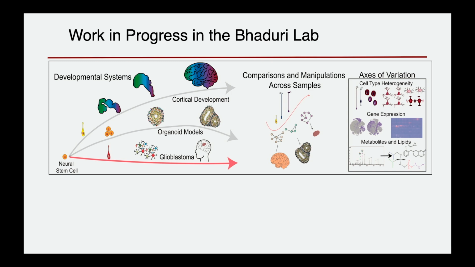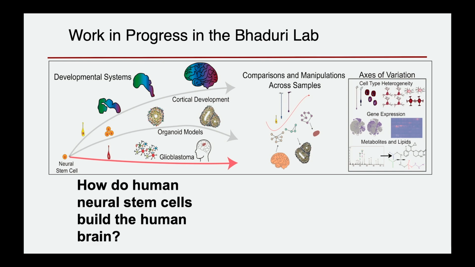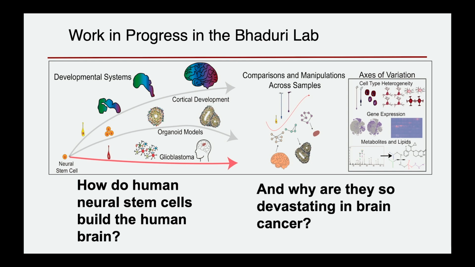And this involves understanding cell type heterogeneity, a bunch of single cell approaches, and then we're also moving into understanding metabolites and epigenetics a little bit more as well. So the guiding questions for my lab are: how do human neural stem cells build the brain? And why are they so devastating in brain cancer?